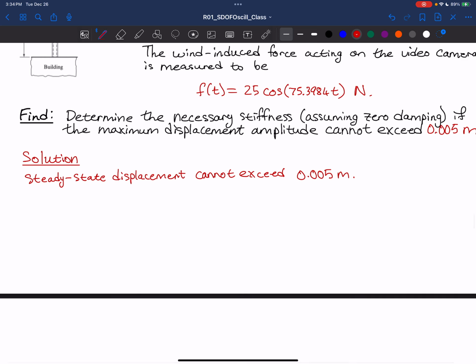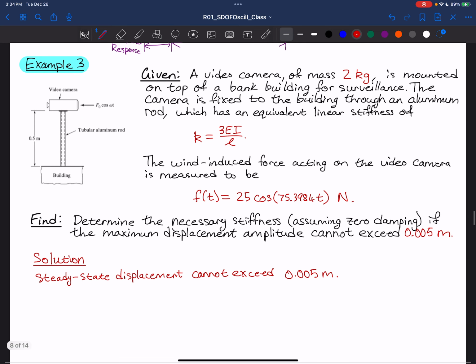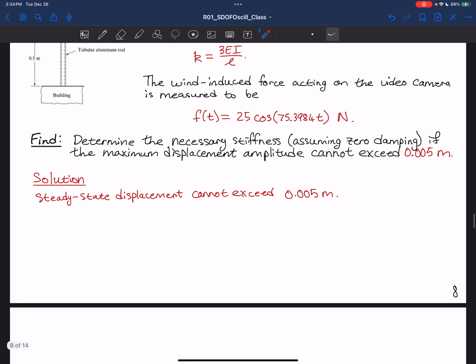Once we know that minimum stiffness, we could go back with this equivalent linear stiffness that I'm going to circle right here, and we could actually design the support structure of that rod. We could design the length of it, the thickness of it, the shape, and so forth. In this problem, we're just going to solve for that minimum stiffness needed.